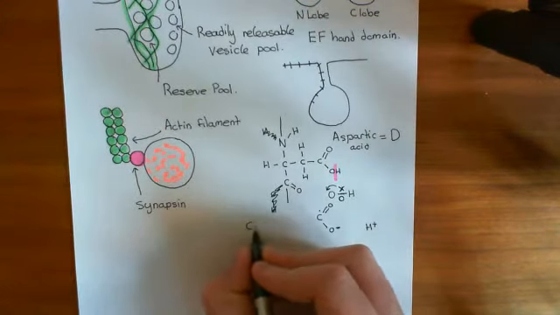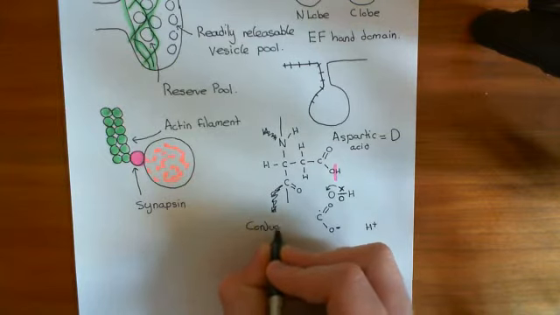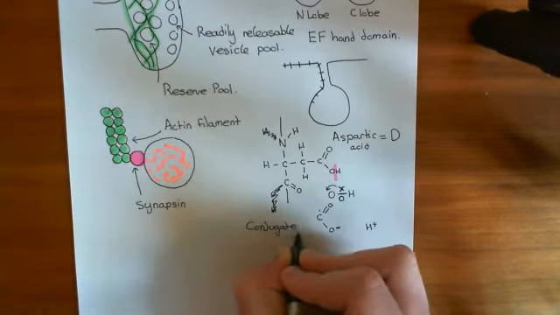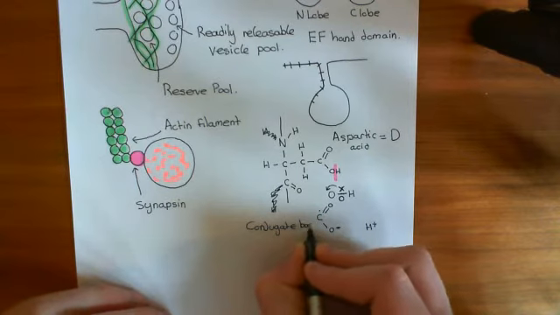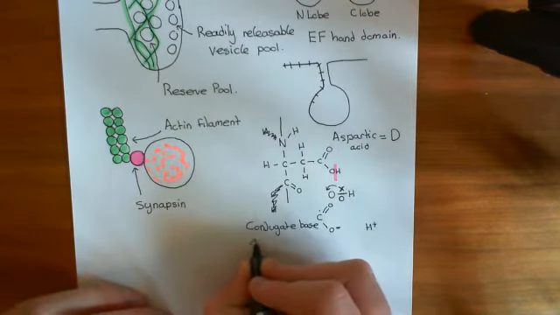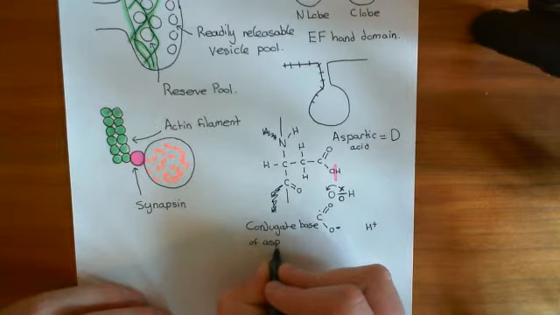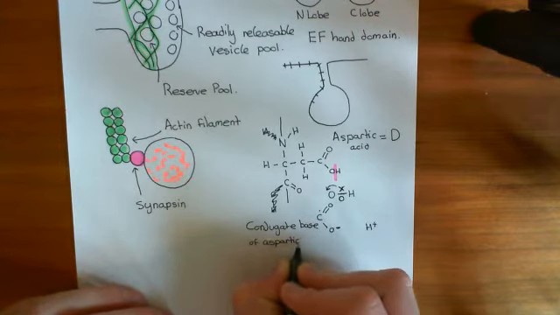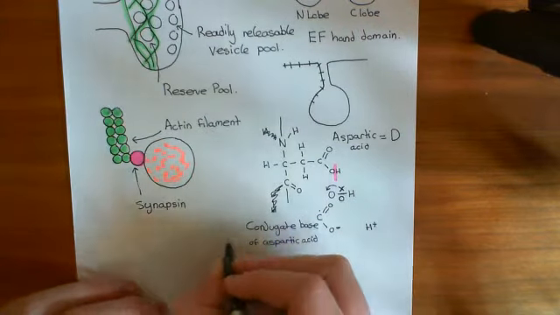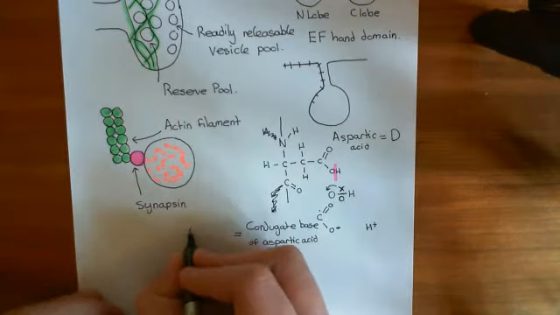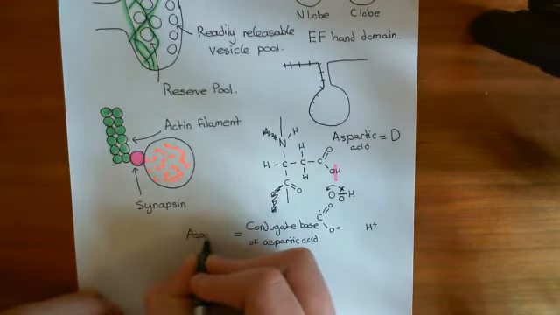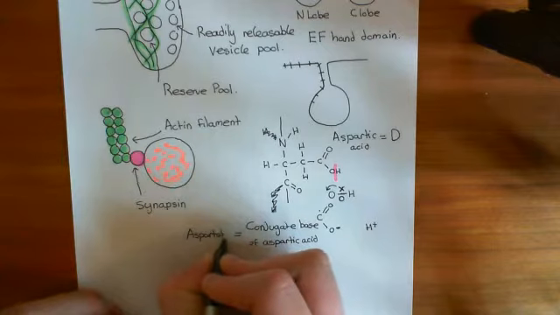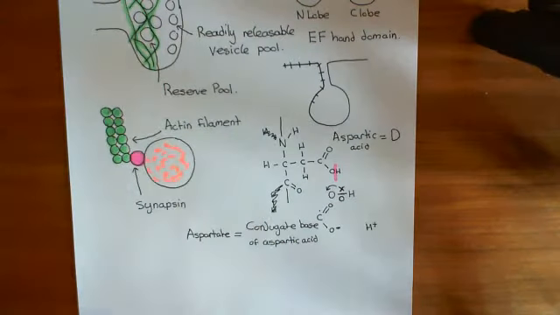Instead, it's called the conjugate base of aspartic acid, and the conjugate base has its own name. It's called aspartate. So that is the strict difference between aspartic acid and aspartate. Aspartate strictly means aspartic acid once it has donated its proton away; it's what's left after that donation of the proton.